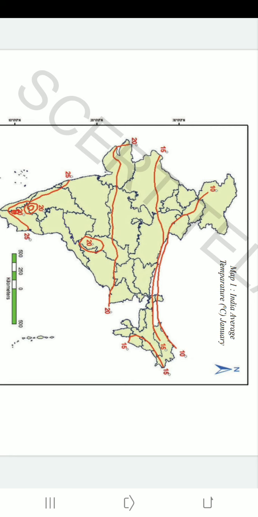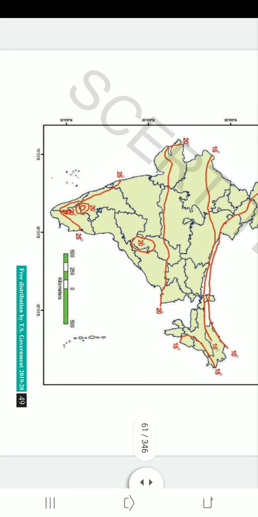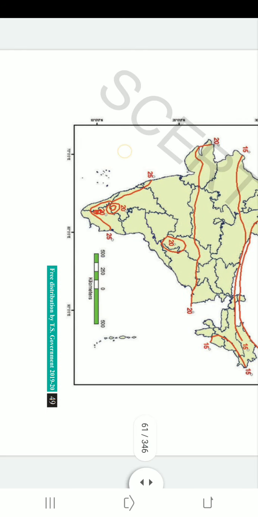So some amount of rainfall takes place in the Coromandel coast of Tamil Nadu.